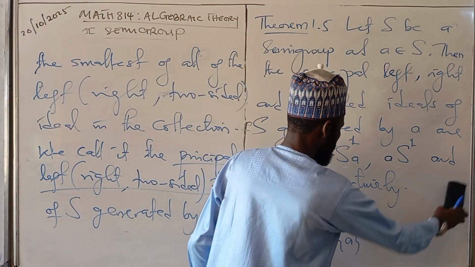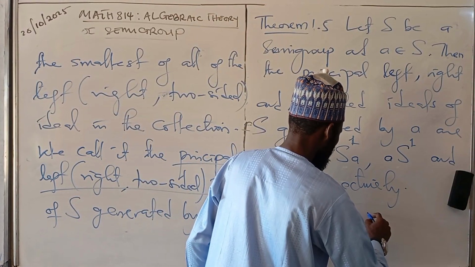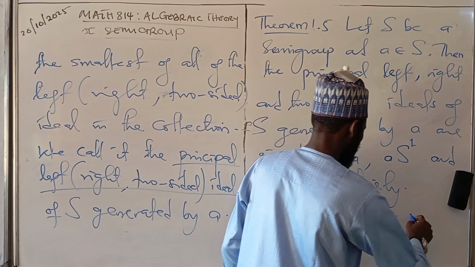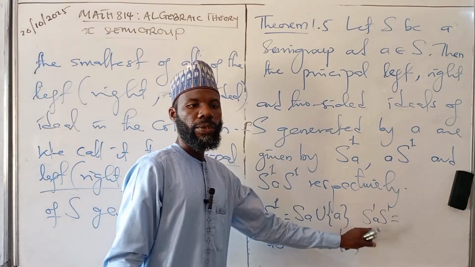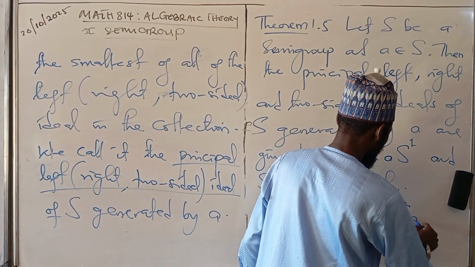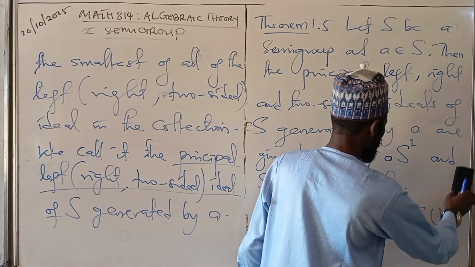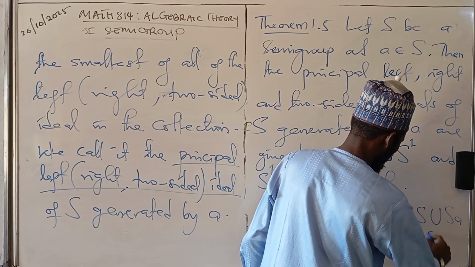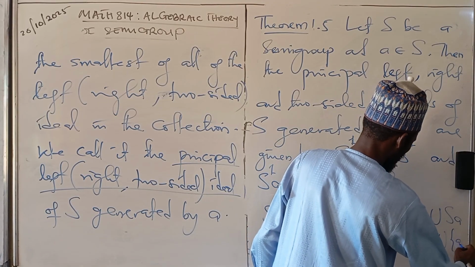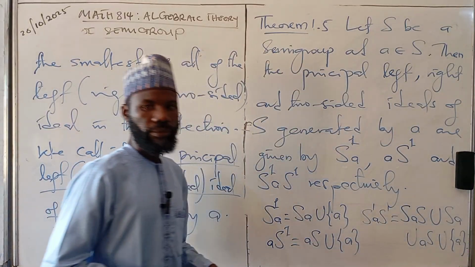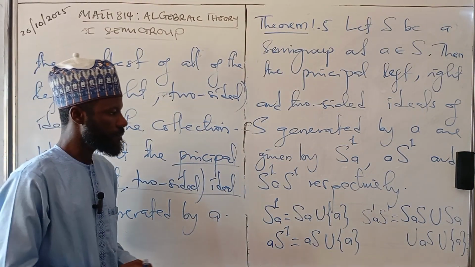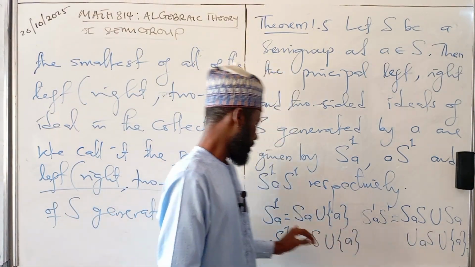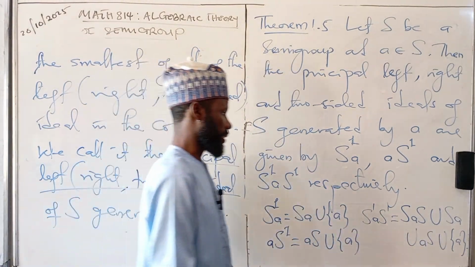And the other one is what? S^1 A S^1. This is the same thing as SAS union SA union AS union A. So this is much bigger because it contains these two inside it.